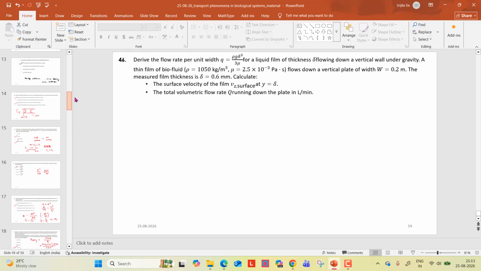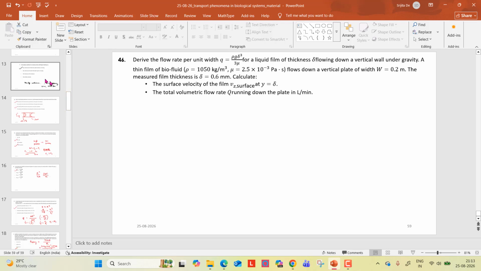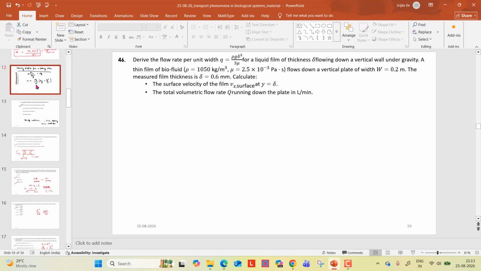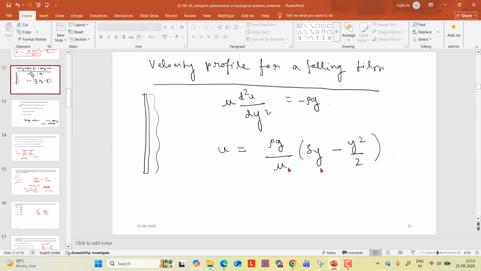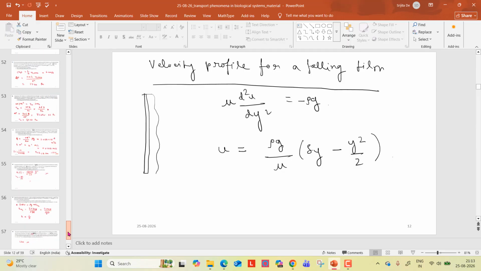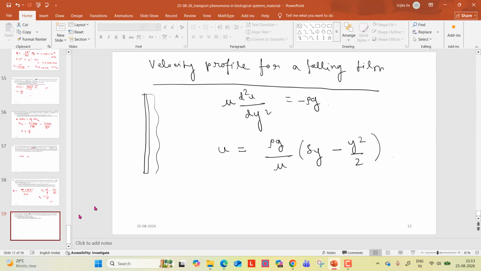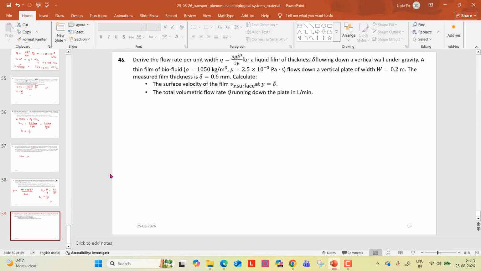You remember the equation? Yes, this one. This is the equation for U for a vertical film.